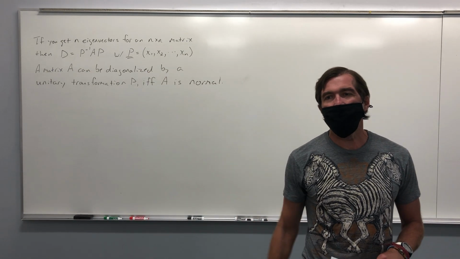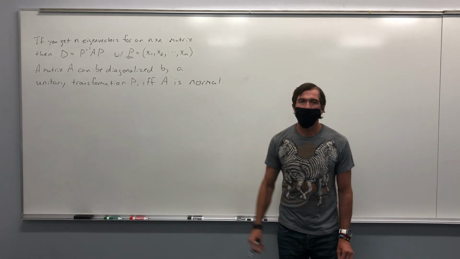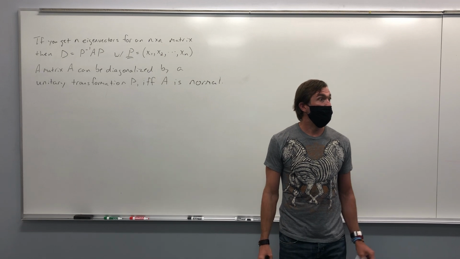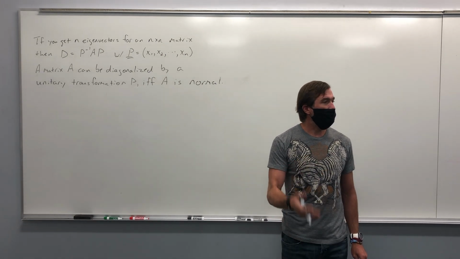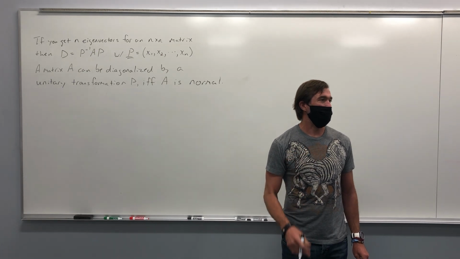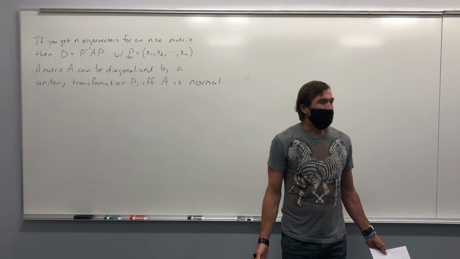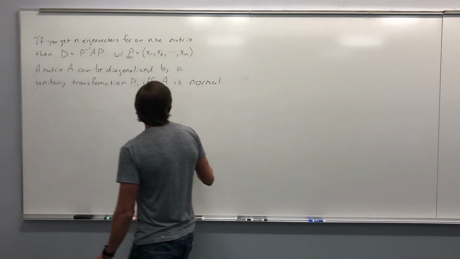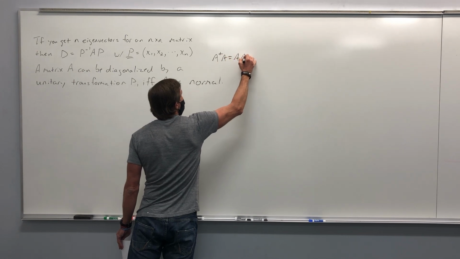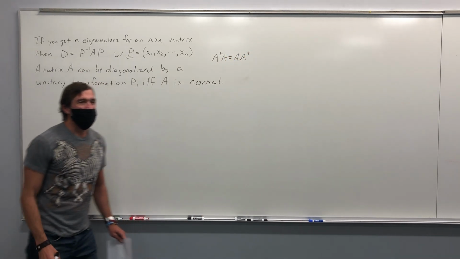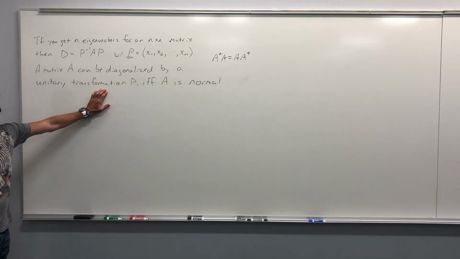Forget about counting eigenvalues and counting eigenvectors. If A is normal, you're guaranteed it's going to be diagonalizable, which means that its eigenvectors are going to form an orthonormal basis for the vector space. That's huge. All you've got to do is have A dagger commute with A, and you are guaranteed that you will be able to diagonalize the operator.